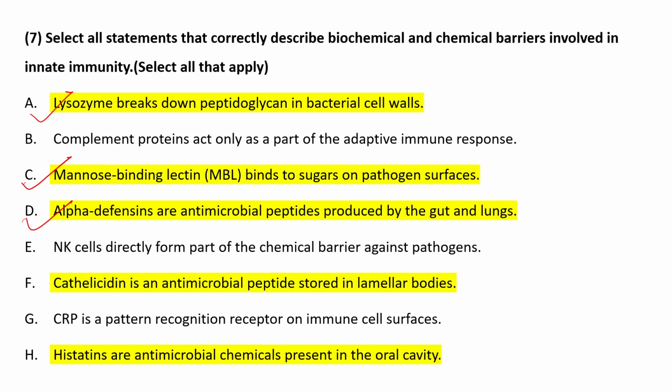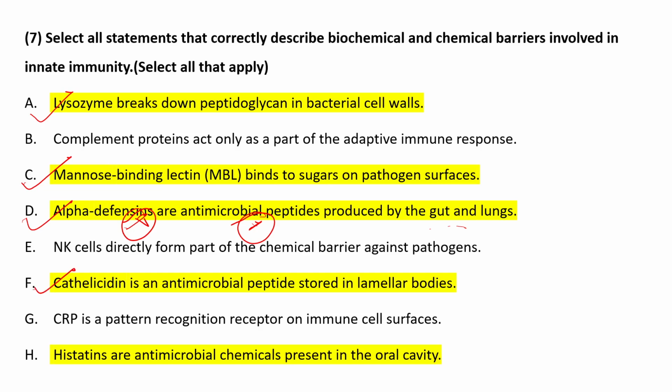These are cationic peptides, that is positively charged peptides, which interact with the negatively charged pathogens in the epithelial cells of the lung. They disrupt the membrane integrity and kill the pathogens.